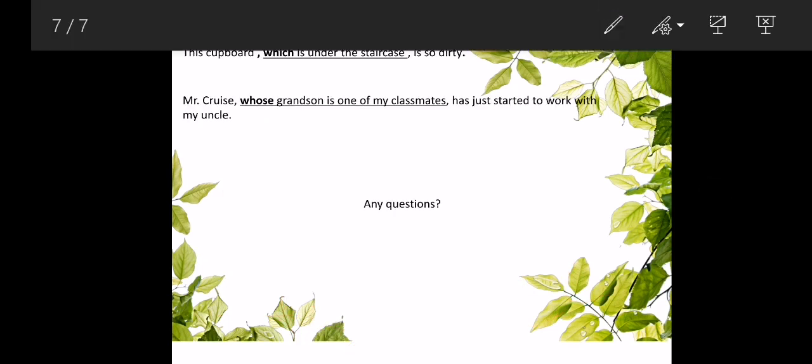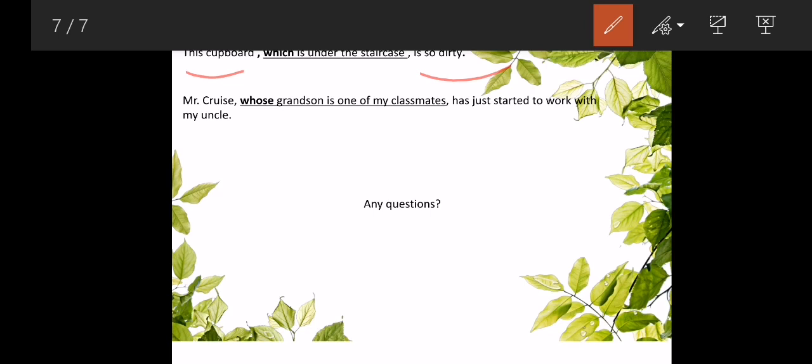Okay, another slide. Another example: this cupboard, which is under the staircase, is so dirty. This is a main sentence. This cupboard is so dirty. Okay? And if I want to add extra information, for example, which cupboard? Where is this cupboard? Maybe the color of the cupboard.